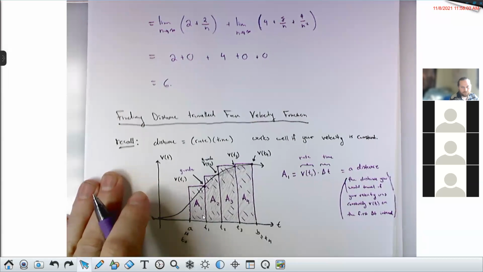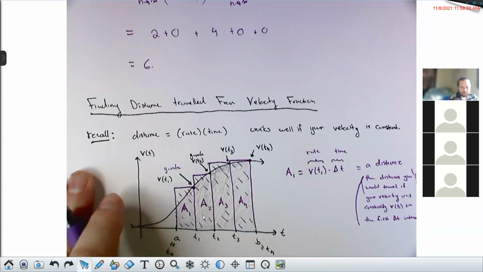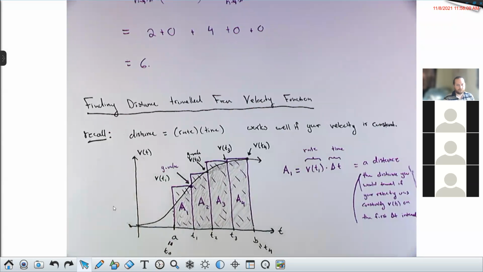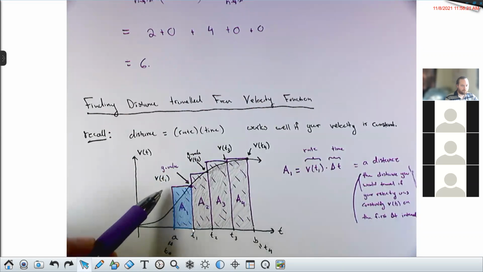So what is that distance? It's the exact distance you would travel if your velocity was constantly this velocity, v of t1, the y value here, over this first time interval. So this is the distance you would go traveling v of t1 for delta t seconds.